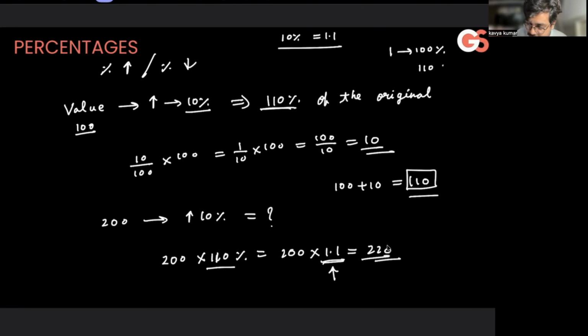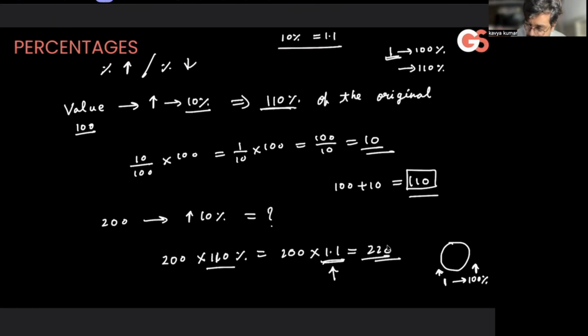If the value has become 110%, what will this fraction become? This will basically get increased from 1, because in one pizza, this was one pizza, 1, and this was 100%. If I'm increasing this value, this will also increase. Right, because if 100% is going above, then we are talking about more than one pizza, so in fraction also we will talk of something which is more than 1.